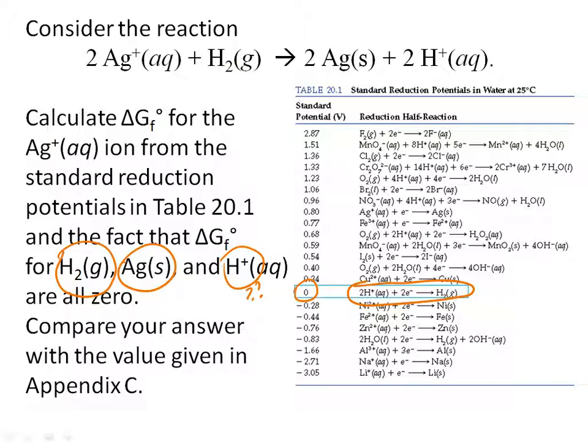So if we remember this equation which we just learned, delta G equals negative nFE naught, if we define H2 and 2H plus as being interchangeable, they both have a standard potential of 0, then all of this turns into 0 for the delta G naught for H plus ion as well.